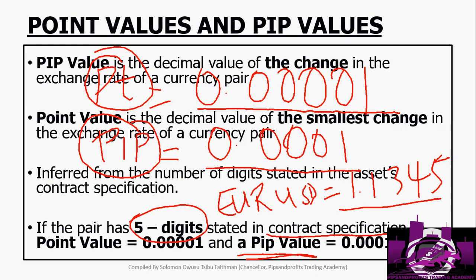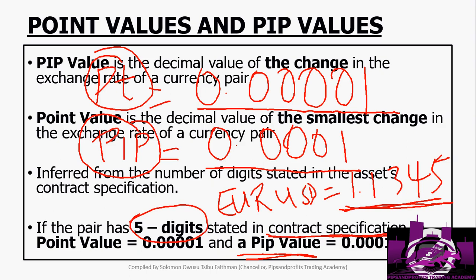It means that for all the quotes you are seeing, the broker is only adding an extra digit at the end of the quote or the exchange rate. So if you have 4 decimal places for that particular pair, you have to go and check the contract specification, because it is an algorithm that they have stated.